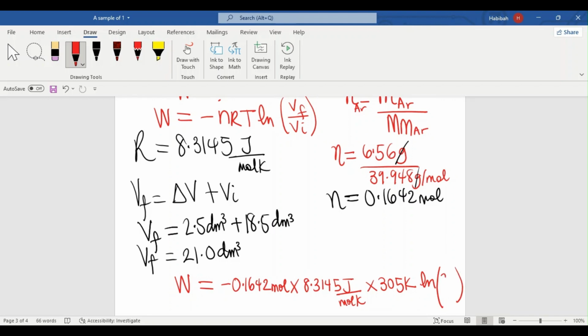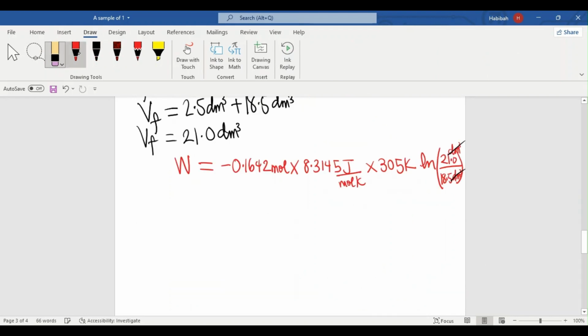So that would be 21.0 dm³ divided by the V initial, which is 18.5 dm³. So dm³ cancel out.